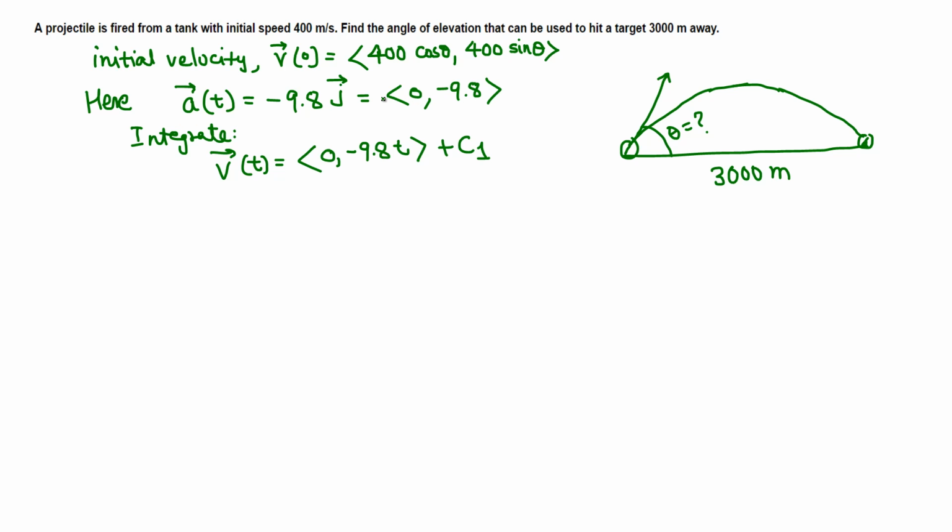Now we integrate both sides with respect to t, we get velocity vector, which is 0, negative 9.8 t plus c1. Now use the initial velocity to find c1.